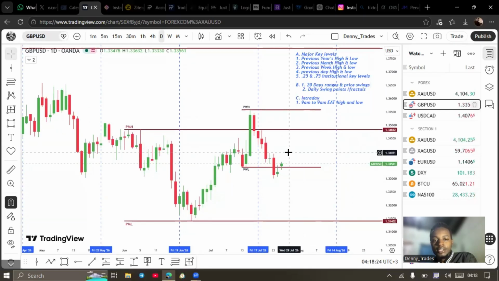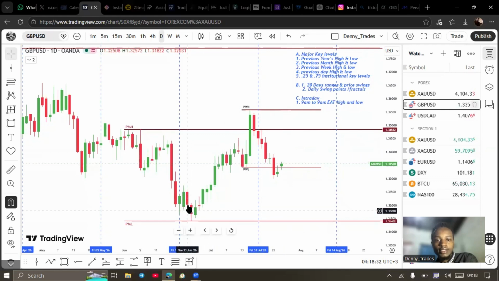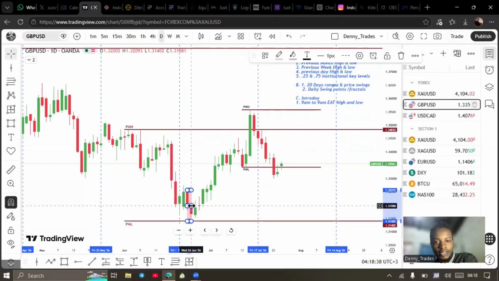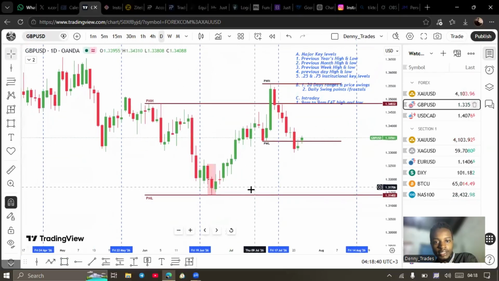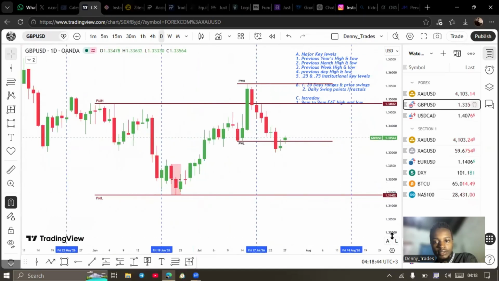And a fractal is simply a 3-bar candle pattern, a V-shaped reversal. Okay, so let's start with the price action around this key, these three bar candle pattern. Okay, these three candles are marked here. This is a fractal. Why is it a fractal?